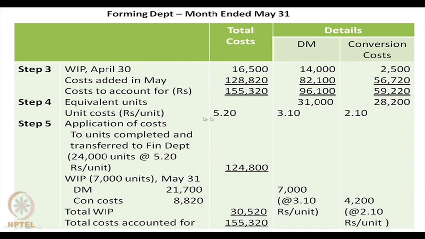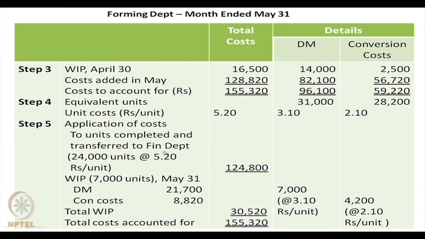Therefore, the unit cost we have already calculated: this by this is 3.10, this by this is 2.10, totaling 5.20. Now, this cost has to be applied to those that have completed their production and have been transferred to the finishing department, and those that remained as WIP in the forming department.